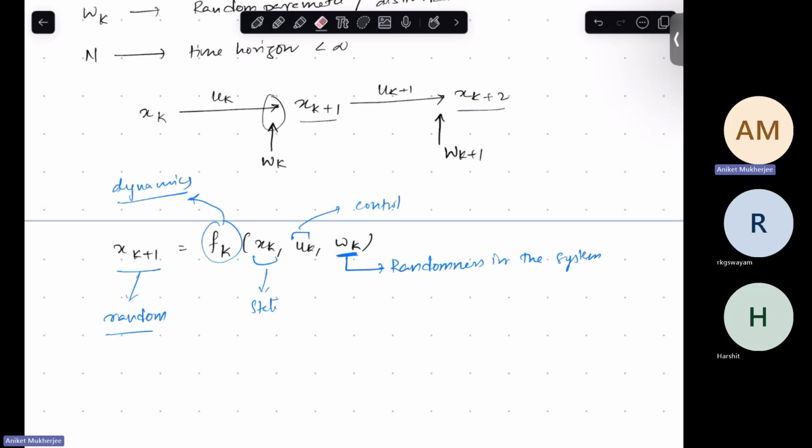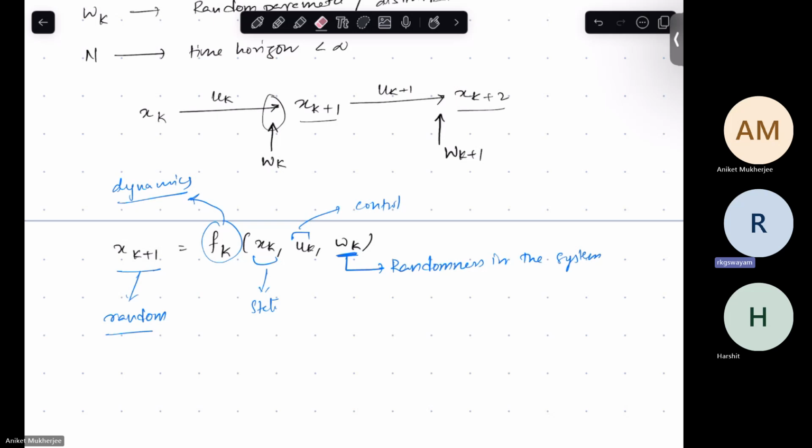Could I say that if it is in state xk and I take action uk, then with some probability it will go to state one, with some other probability it will go to state two. Even if I can model my system as a Markov decision process, that will also come under your dynamics. So yeah, does it answer the question?